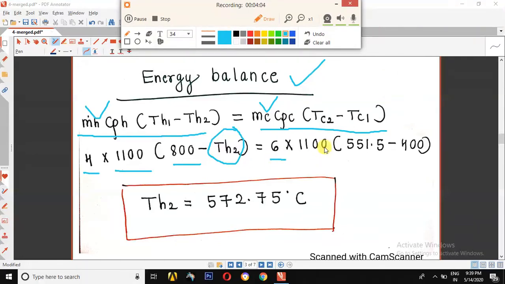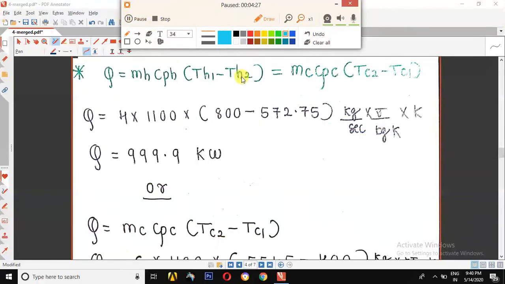Specific heat of the cold fluid is 1100 joule per kg Kelvin. The outlet temperature of the cold fluid is 551.5 degrees Celsius. The inlet temperature of the cold fluid is 400 degrees Celsius. Therefore, outlet temperature of the hot fluid is 572.75 degrees Celsius.